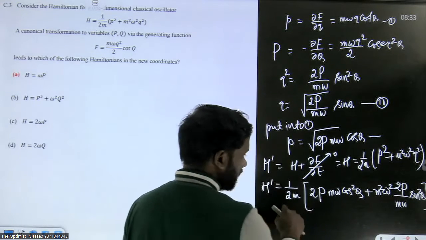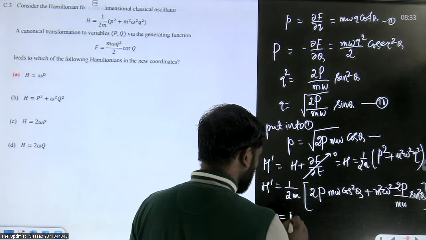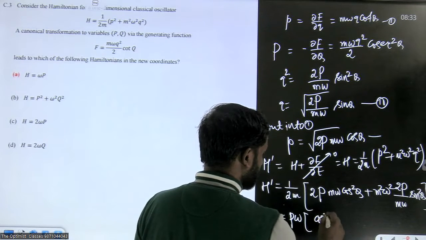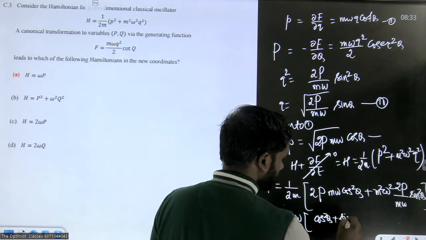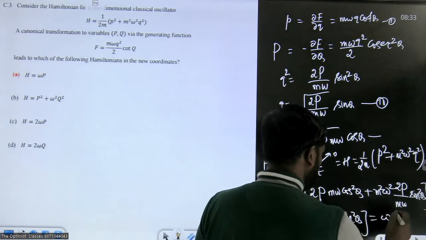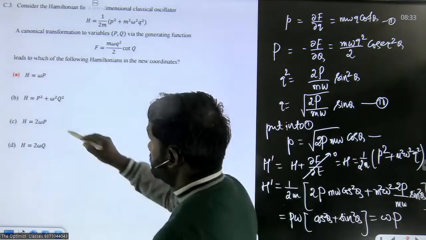So 2 and 2 will cancel out, and m will cancel out. Therefore p and omega will come outside, and here you get cos square capital Q plus sine square capital Q, which is 1 actually. So basically we are getting omega multiplied by p. That's the answer, this one.